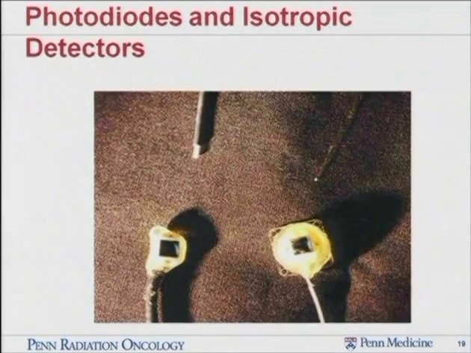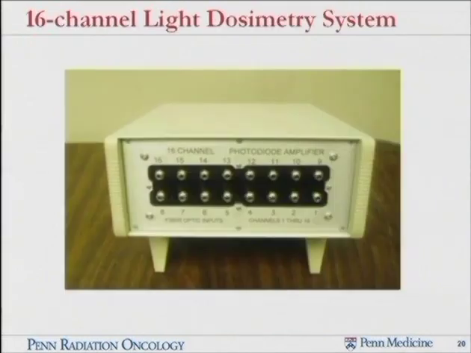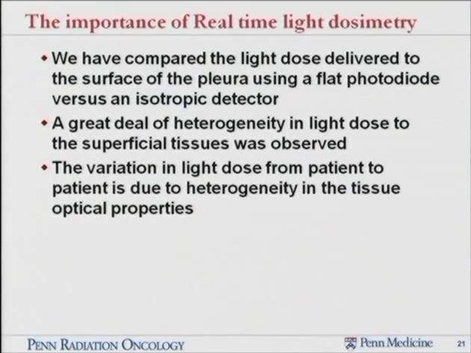One can measure either one, with a flat detector, which measures irradiance. These are the detectors we used in the early days for the pleural treatment, where you can suture that detector directly into the treatment locations of interest. And nowadays we're using this isotropic detector, which measures the light fluence rate. With a dosimetry system, you can measure that at multiple sites.